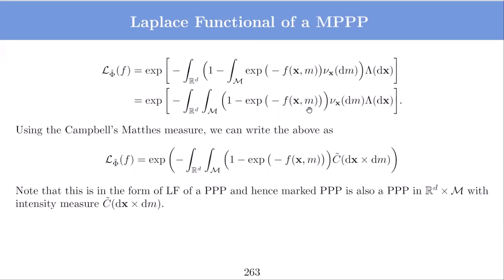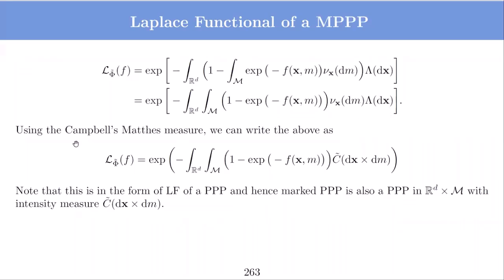There are multiple ways you can write this. One is this one. Second, I can use the fact that the integration over the mark space of nu(x, dm) is just 1. So I replace that and then take this term common, so I get 1 minus exponential of minus f(x, m), times nu(x, dm) and Lambda dx.